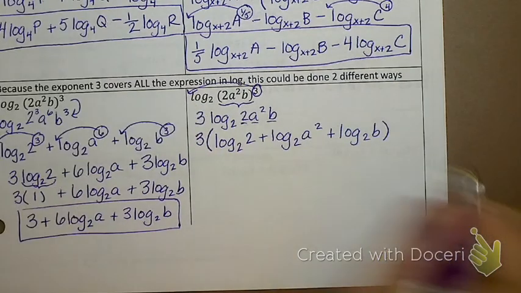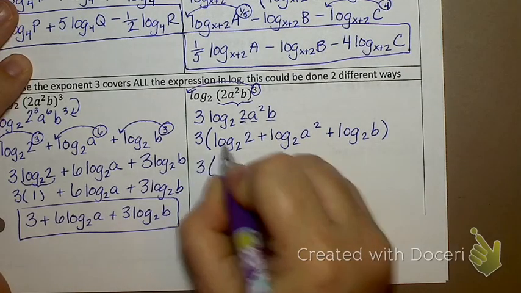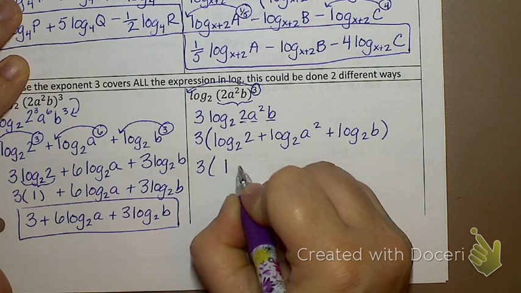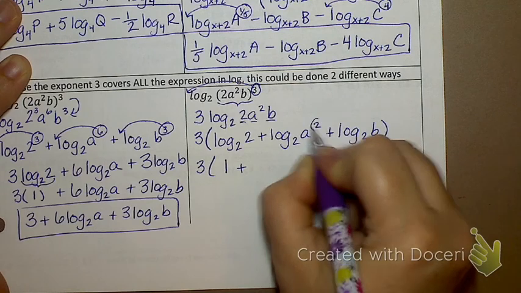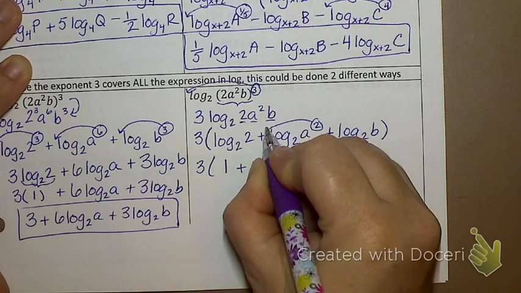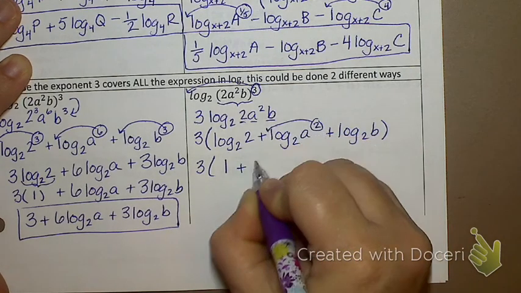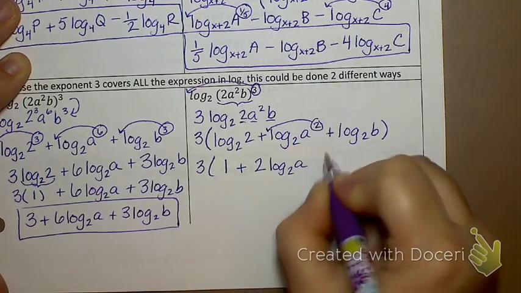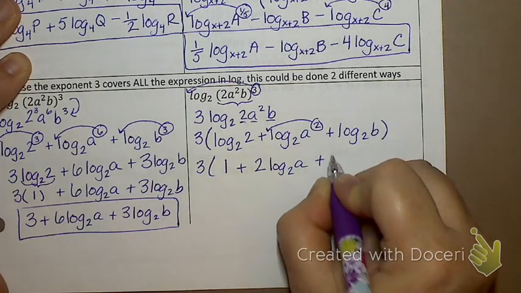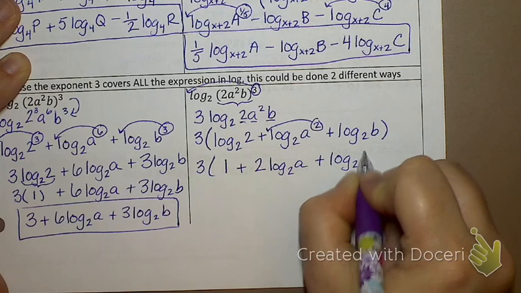And I can even go one step further of saying that log base 2 of 2 is equal to 1 plus, let's see, I can go distribute these guys in the front. 2 log base 2 of a, and no exponent there, so just log base 2 of b.